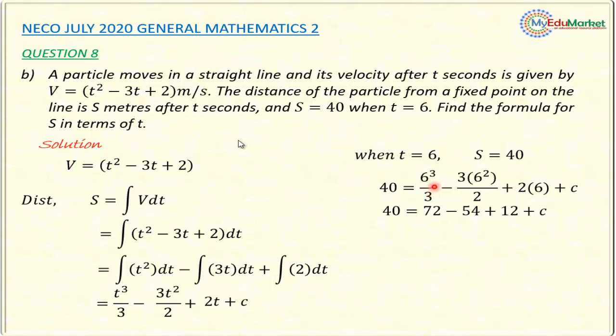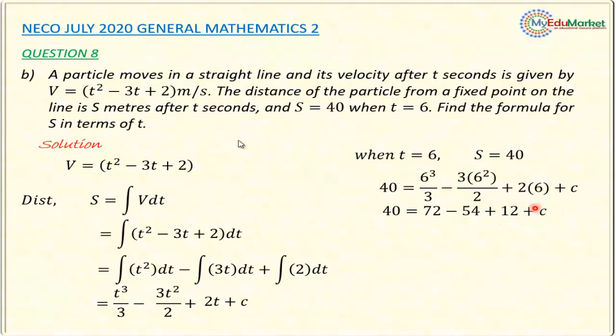So you are going to have 36 times 2, which is 72. Here this is 6 raised to 2, meaning 6 times 6, which is 36. And 36 times 3 divided by 2 gives the answer 54. Then this is 2 times 6, the result is 12, then plus c.